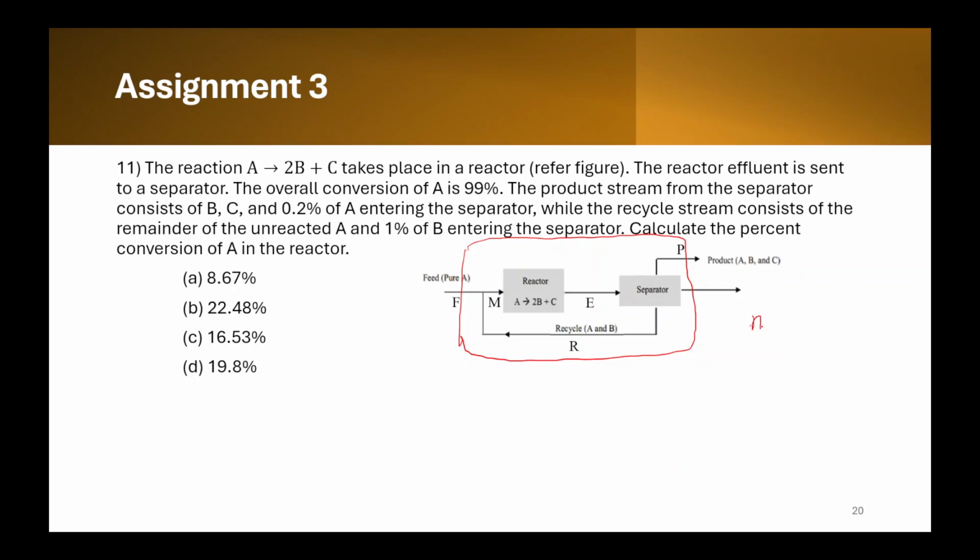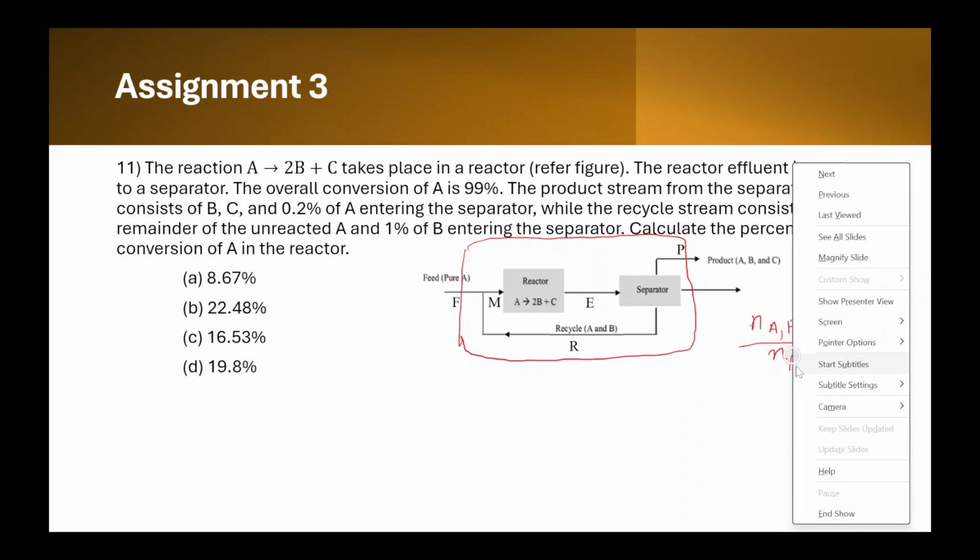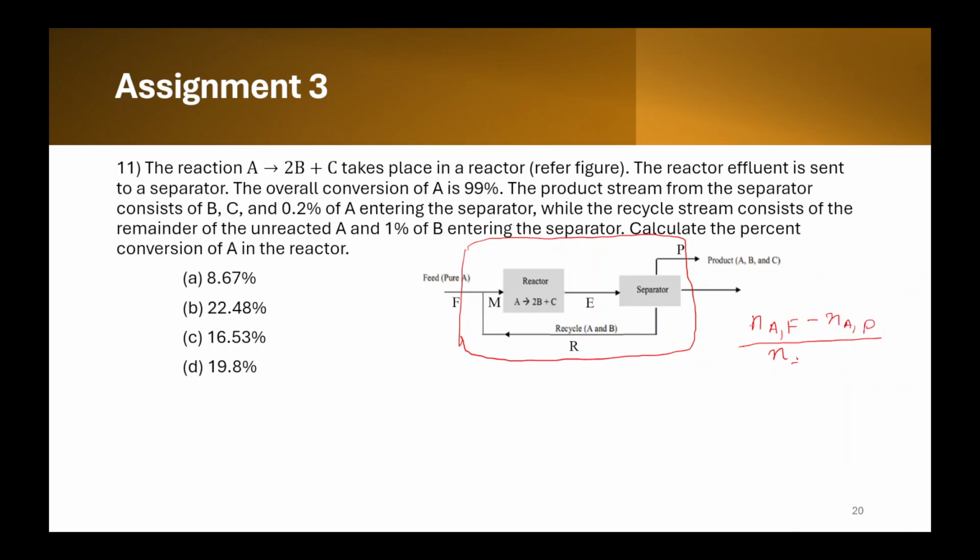So the overall conversion is moles of A in F minus N of A in P, upon N of A in F, into 100. I have named these streams here.